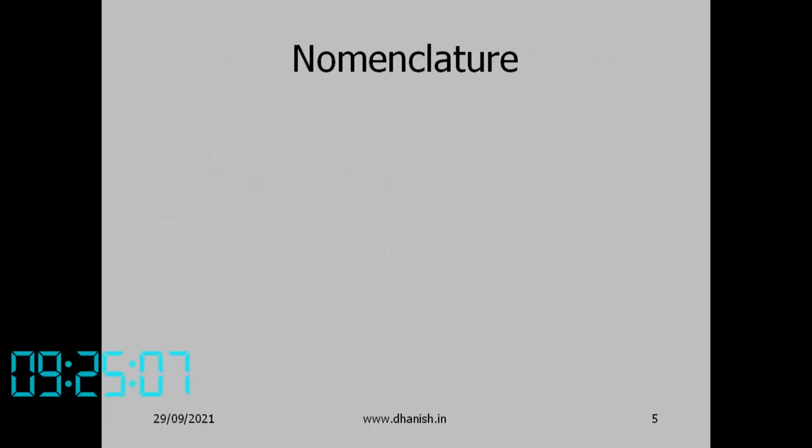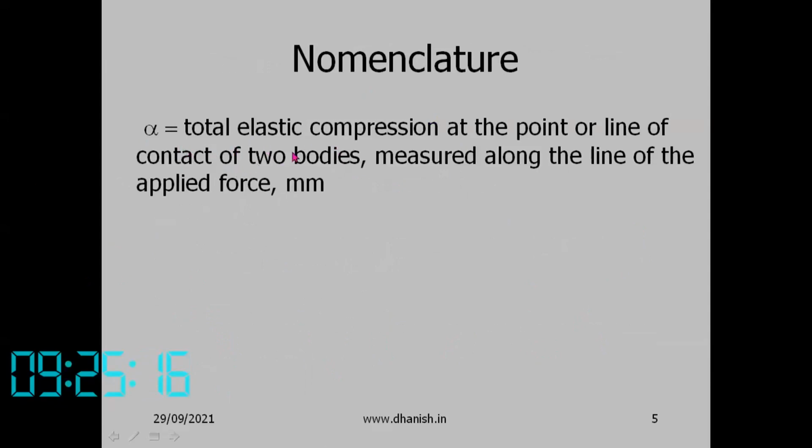So now we'll see one or two simple cases just to illustrate how elastic deformation is computed. Nomenclature: alpha is the total elastic compression at the point of line of contact of two bodies, measured along the line of the applied force, in mm. So there are two bodies in contact, and with a certain force applied, the deformation along the line of the applied force is given by alpha.